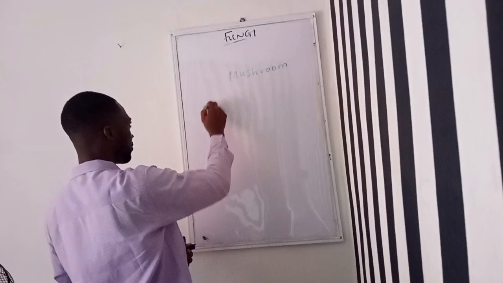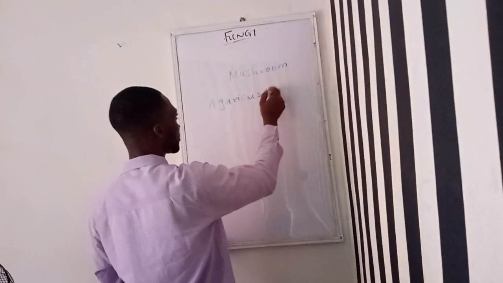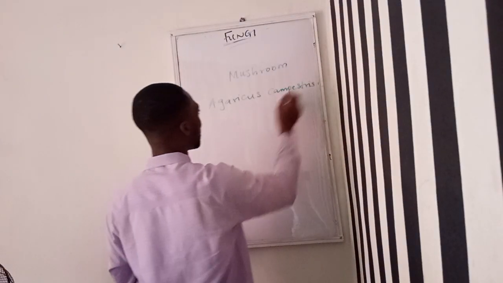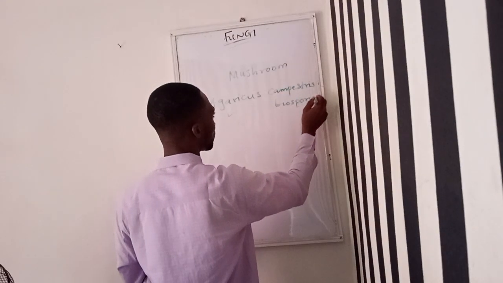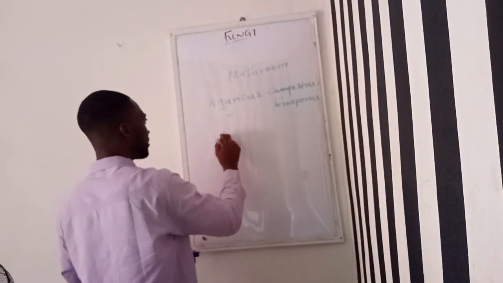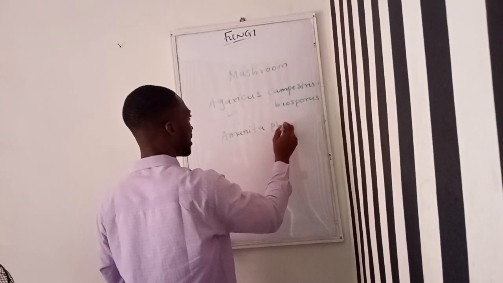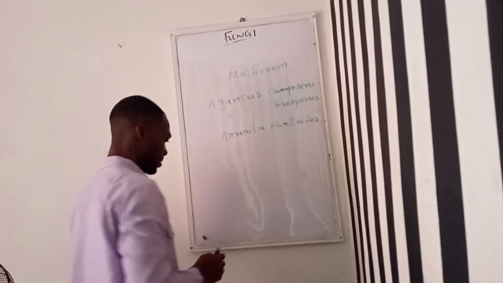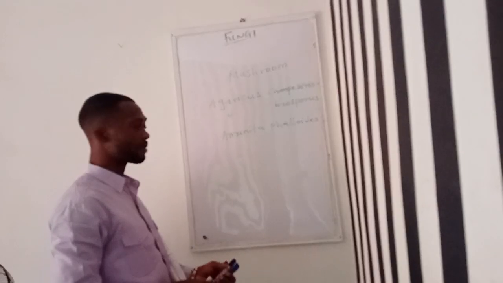And we have two categories of mushroom. We have Agaricus campestris or Agaricus bisporus, and then Amanita phalloides.